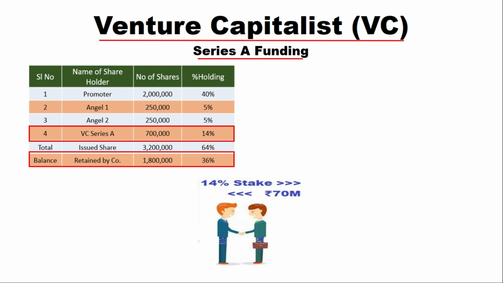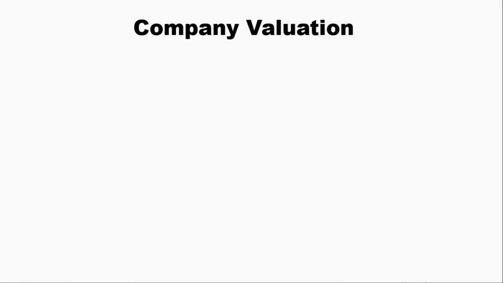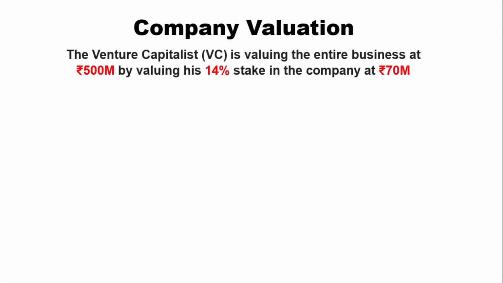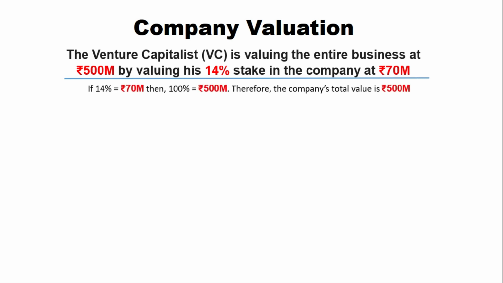The venture capitalist is valuing the entire business at 500 million rupees by valuing his just 14% stake in the company at 70 million rupees. If 14% is equal to 70 million, then 100% should equal 500 million. Therefore, the company's total value now is 500 million.